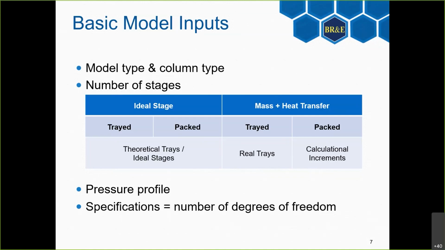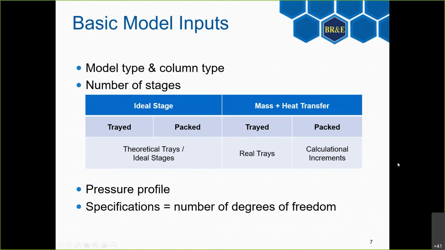And so basically anytime when you have a reboiler attached to a column, when you have a condenser, or when you have a side cooler, this gives you a degree of freedom. And in order to have a solvable mathematical problem, you have to provide Promax with a specification in order to be able to solve the column. So these four things are something you have to put in Promax whenever you're modeling a distillation column, regardless the model type.